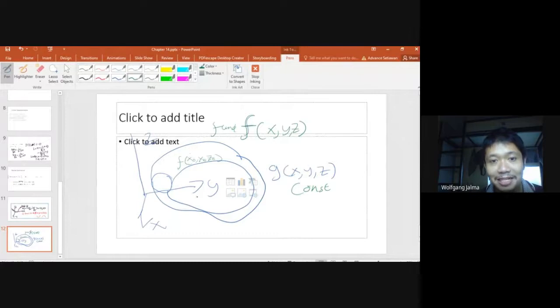So now what is the gradient of f? The gradient of f is something like this. Yes, this is the gradient of f at x0, y0, z0. Why is this the gradient?